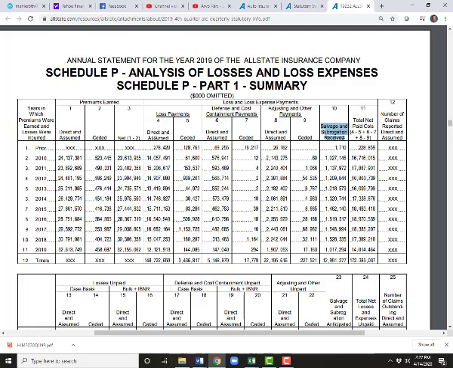Subrogation is a lawsuit. So you're in an accident and the other driver is at fault. When you buy insurance, you're essentially giving up that right to sue that other driver if your insurance company pays the claim. So if they pay your claim, they have the right to sue the other party.